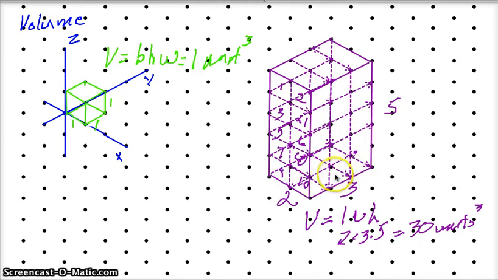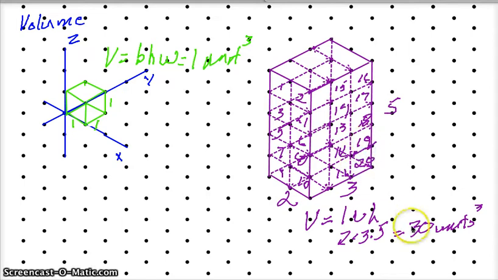Okay, so 10, and then 11, 12, 13, 14, 15, and then we got 16, 17, 18, 19, there's my little line over there, and 20.